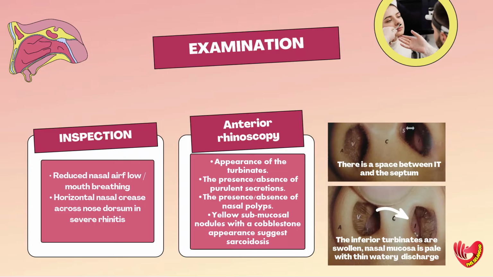Note whether purulent secretions are present or absent and assess for nasal polyps. Yellow submucosal nodules with a cobblestone appearance may also be observed, which could suggest sarcoidosis. These thorough examinations help to confirm the diagnosis and identify any related conditions.